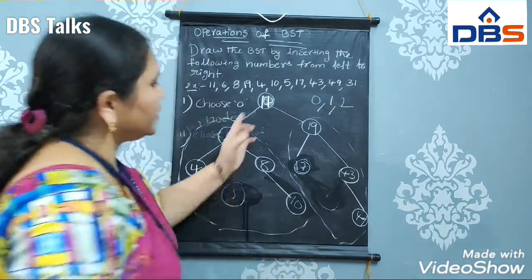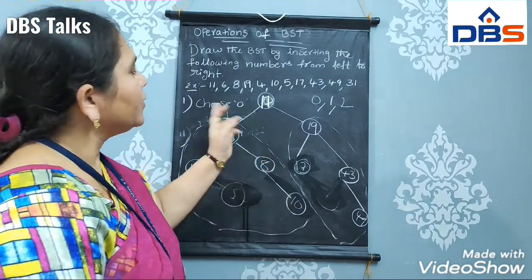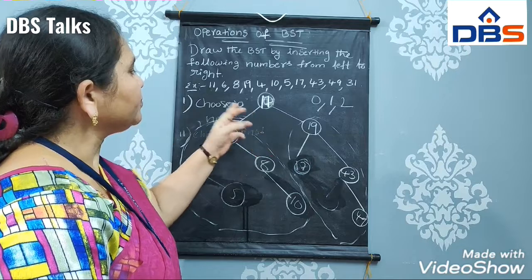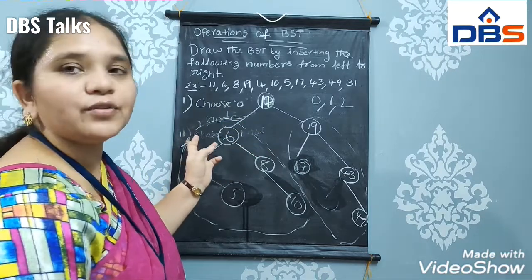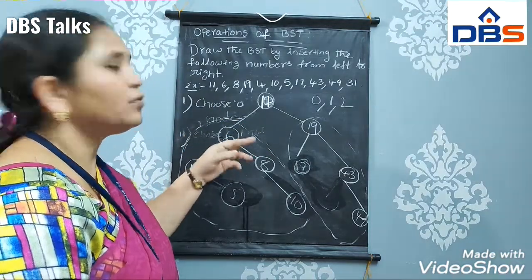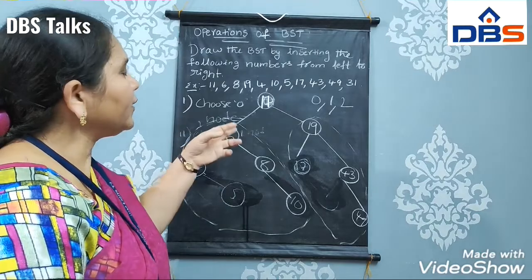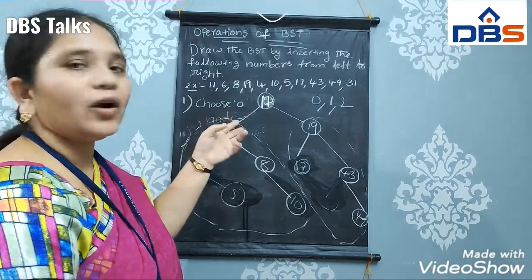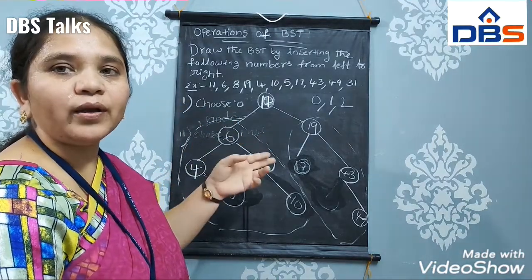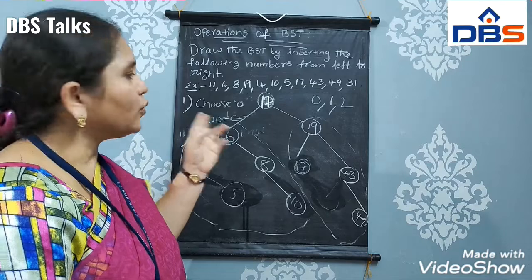This is the resultant tree of deletion of binary search tree by choosing the two children by following in-order successor and in-order predecessor.